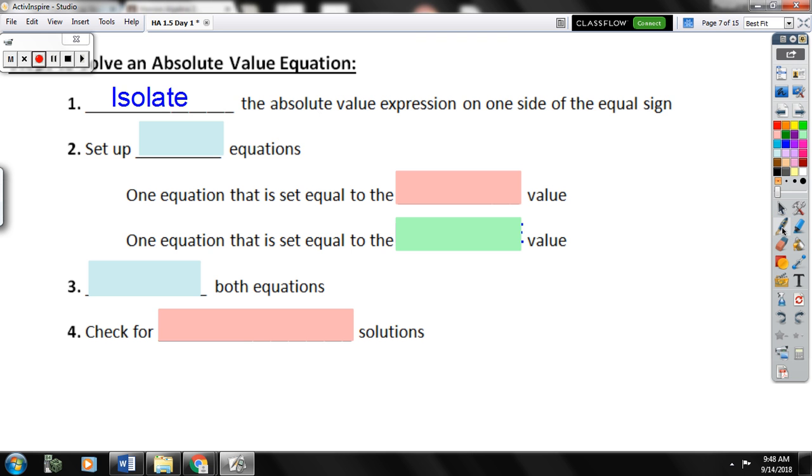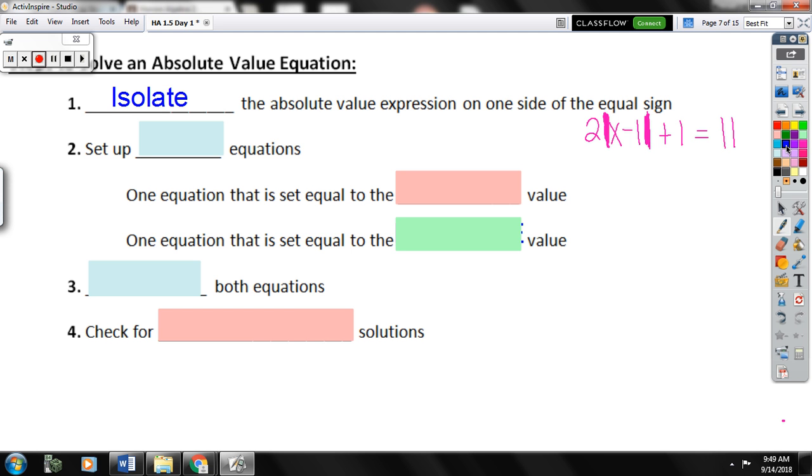So I'll give you an example here. 2 times the absolute value of x minus 1, those are your absolute value bars, plus 1 equals 11.